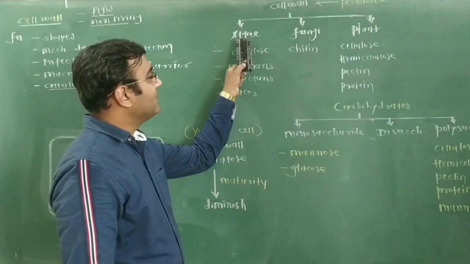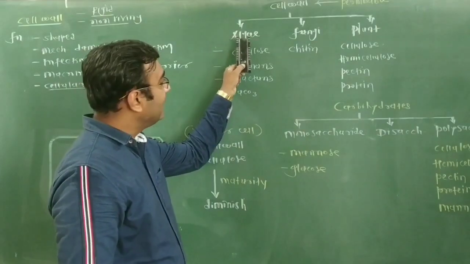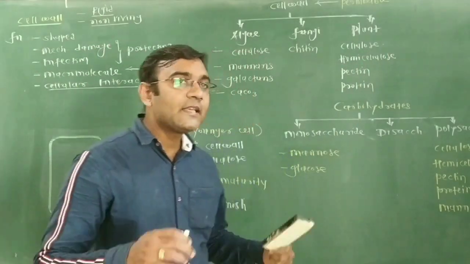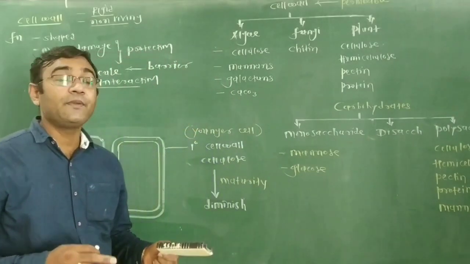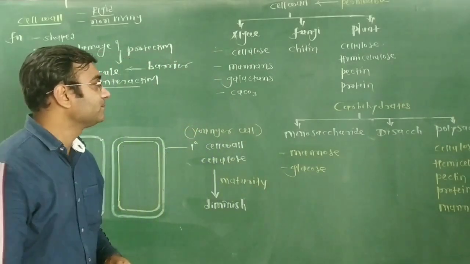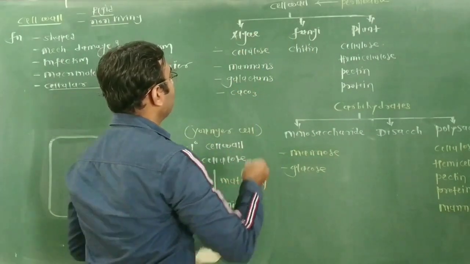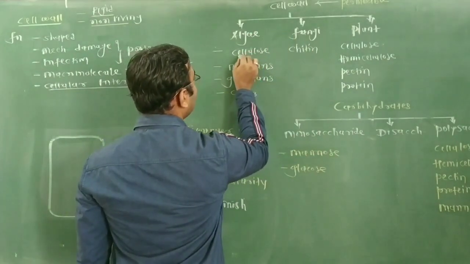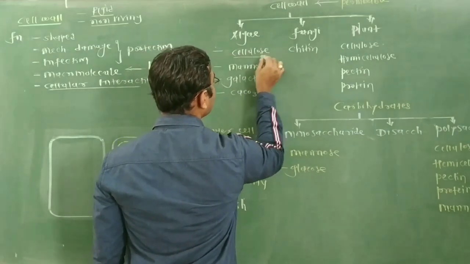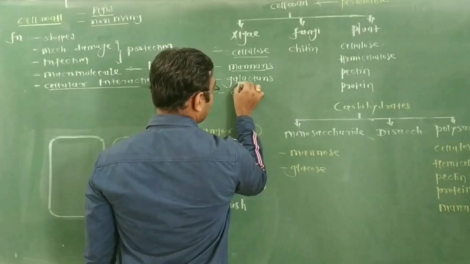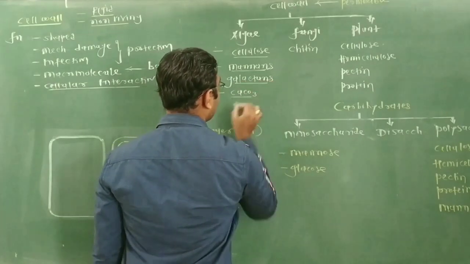Cell wall is present in algae, fungi, as well as all the rest of the plants. Cell wall is made up of specific organic chemicals. For example, the cell wall of algae is made up of cellulose, mannans, galactans, as well as calcium carbonate.